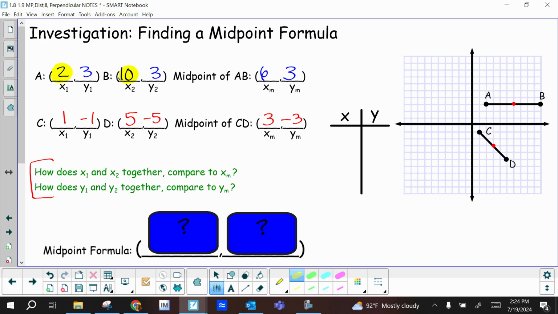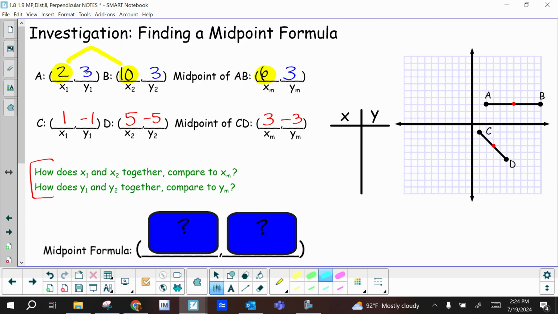Now let's compare that to xm. So 2, 10, and then 6. I can already think of something: 2 and 10 together make 12, and 6 is half of 12. So that might be something there.